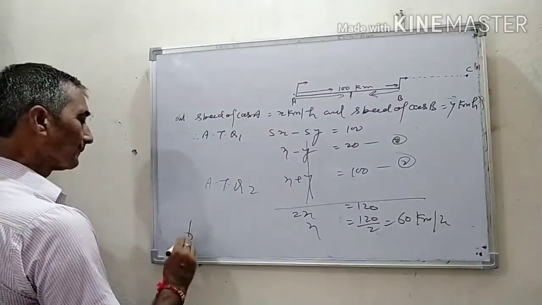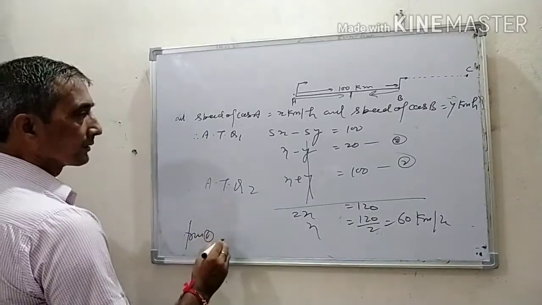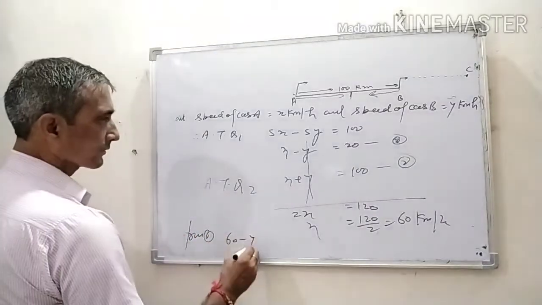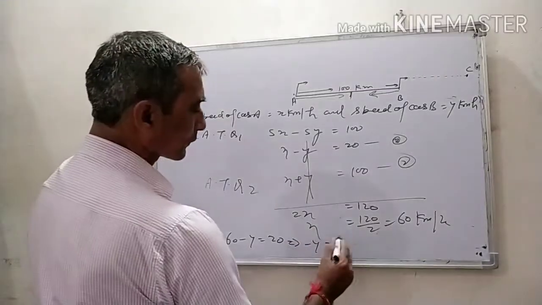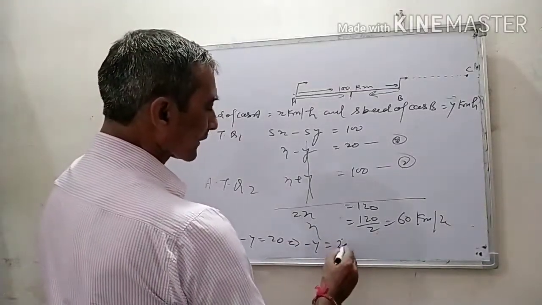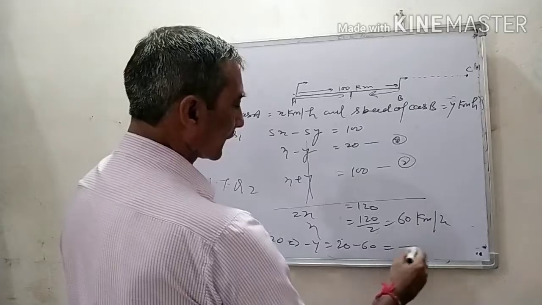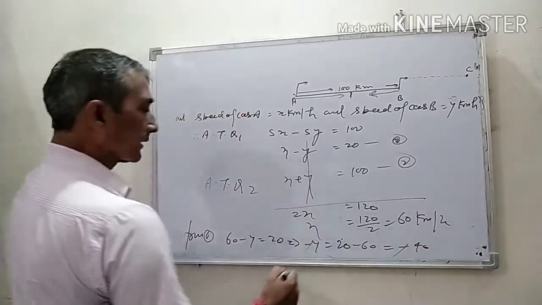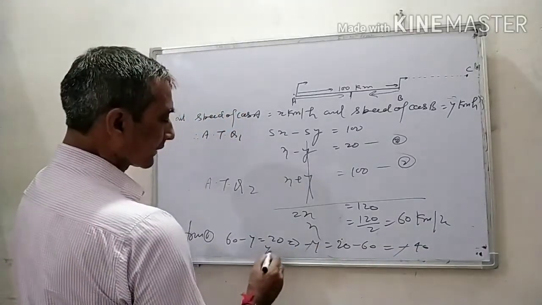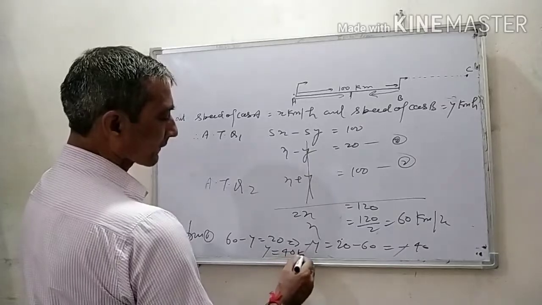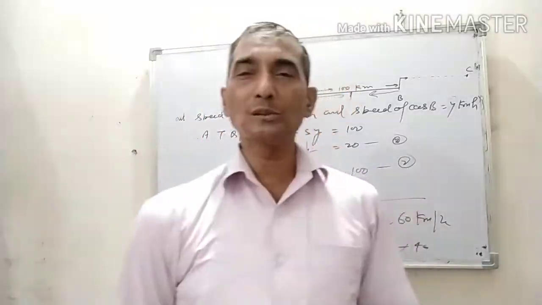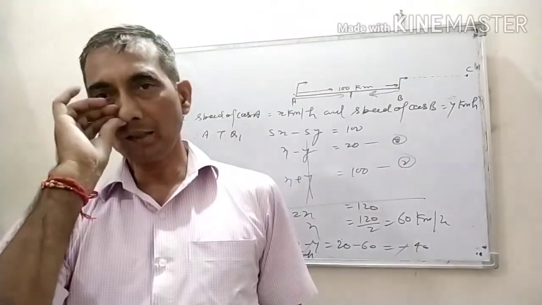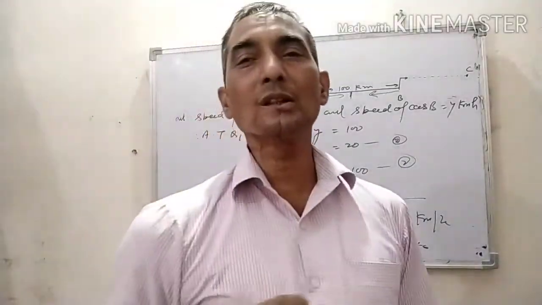From 1, x, that means 60 minus y equal to 20, implies that minus y equal to 20 minus 60 equal to minus 40, minus will be cancelled, and y equal to 40 km per hour. That means speed of car A equal to 60 km per hour and speed of car B equal to 40 km per hour.